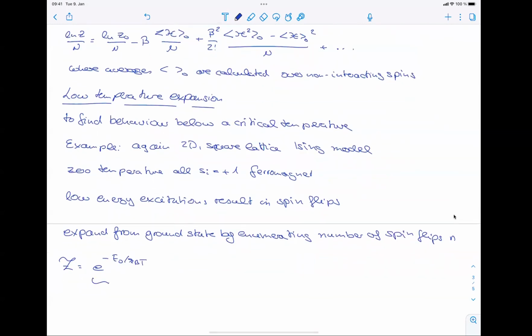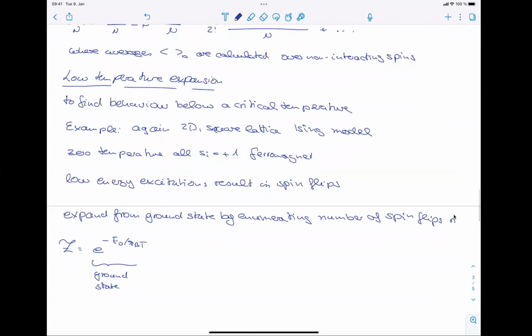which is the partition function of the ground state. That's our reference state, and we only want to look at changes in response to the ground state. So that's the ground state partition function. And then I have correction terms, 1 plus the sum from l equals 1 to infinity of different changes as a function of the lattice size and the order of the number of spin flips.